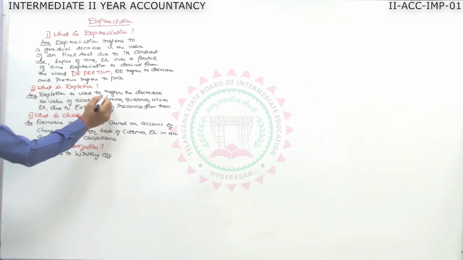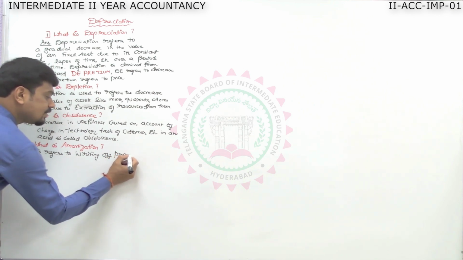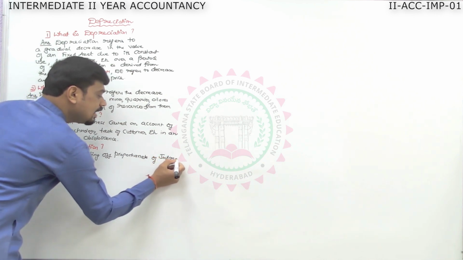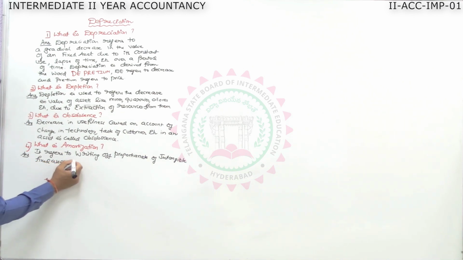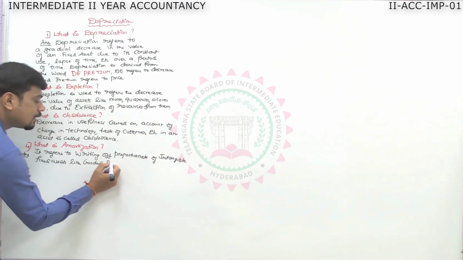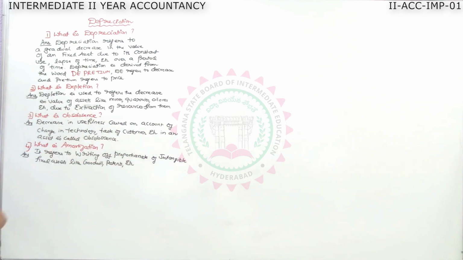Here we used depletion for decrease in value of assets, here usefulness caused on account of change in technology, and here writing off proportionate of intangible fixed assets like goodwill, patents, etc. You can write copyrights, trademarks also.